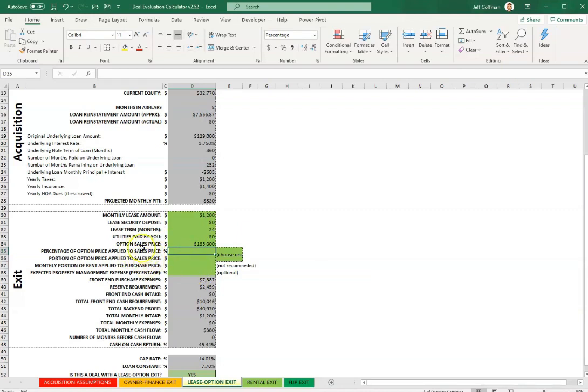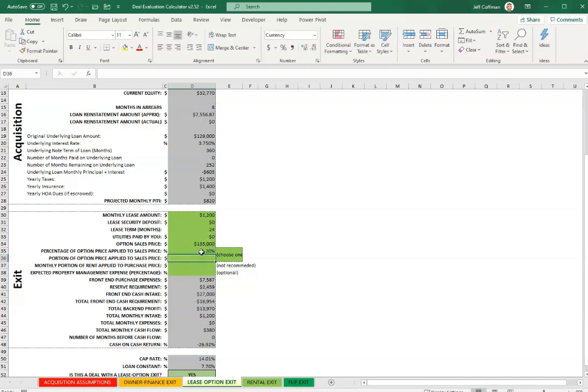Normally when you put down an option deposit, that applies to the purchase price of the house. So what you're going to do here is, if you charge a percentage, for example, let's say that the option price is $135,000, and you want to apply 20% of $135,000, you're going to plug that in here.